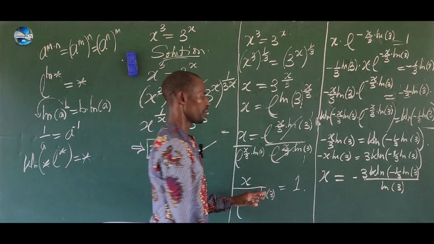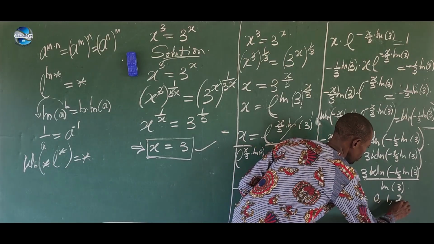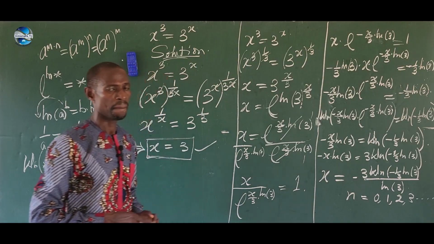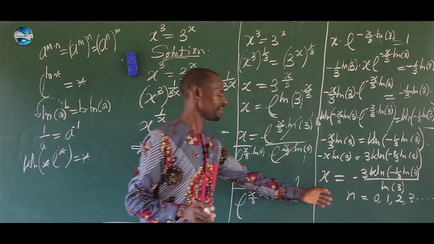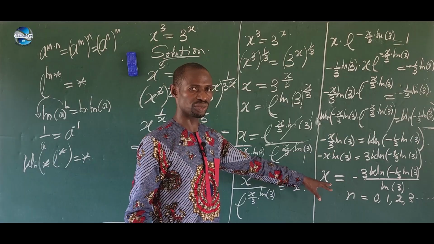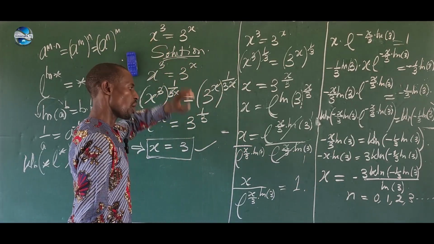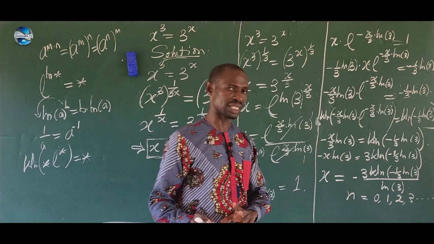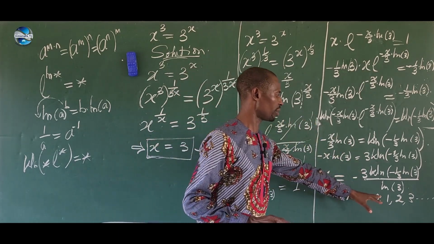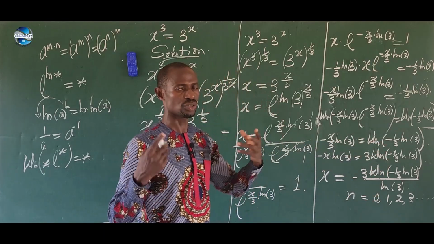Now, what is n? Where n is equal to 0, 1, 2, 3, and so on. That's why I say from here we can get infinite solutions to the value of x that will satisfy this equation. Although there are some values that will not satisfy the equation, from here you can vary your n, ranging it from 0 down, and you get so many of them.